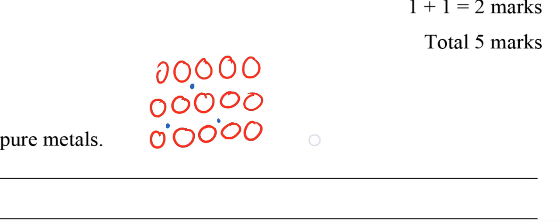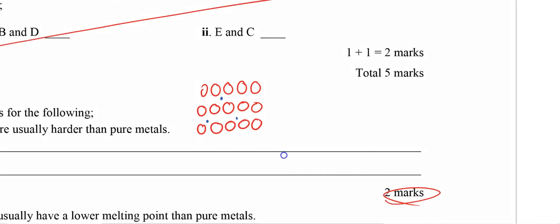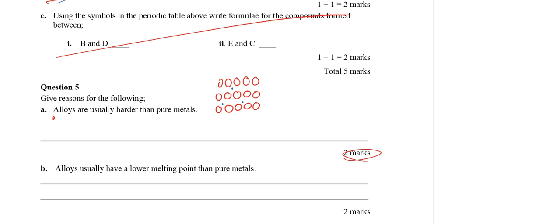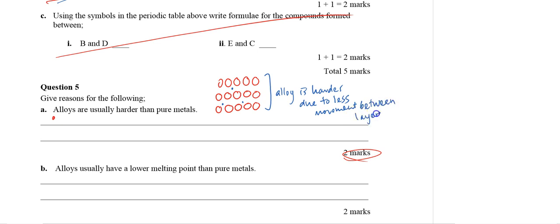In fact, it makes it harder to move the layers of atoms past each other. Because it's harder to make them change their shape, this alloy is harder due to less movement between layers of atoms or cations.